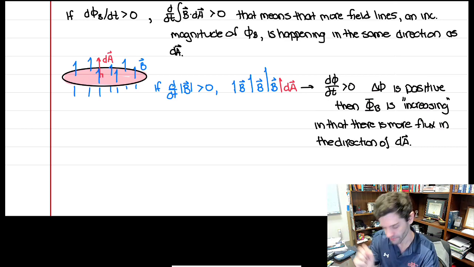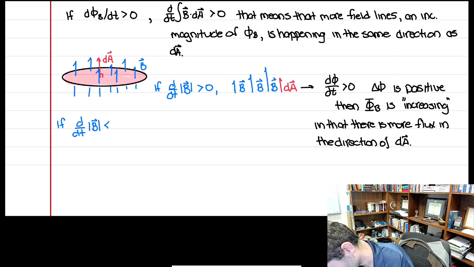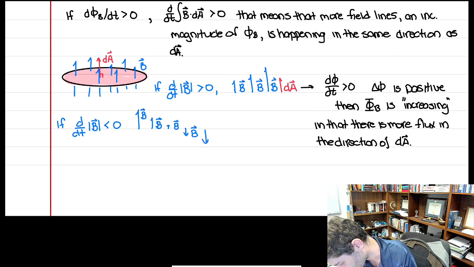If the magnitude was shrinking, so that could be example 1, example 2: if the magnetic field is pointing straight up, parallel to dA, and I say that the time derivative is less than 0, then this is B originally, this is B at some later time, and maybe it even turns around, and that's at some other later times.